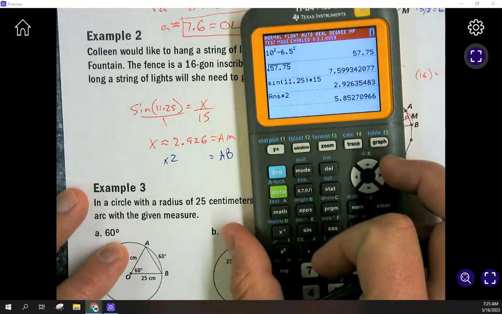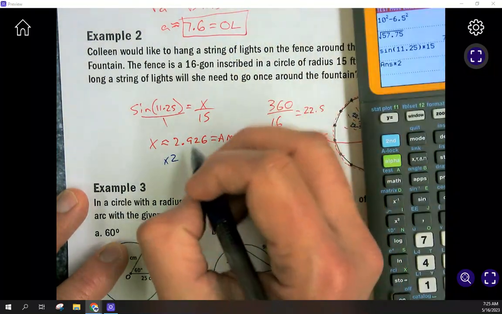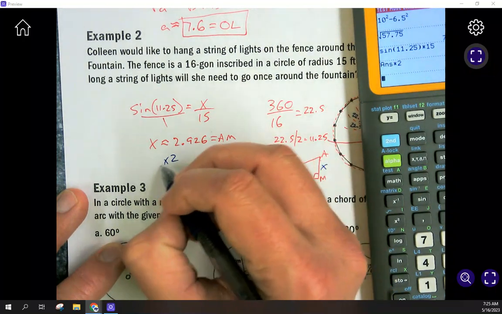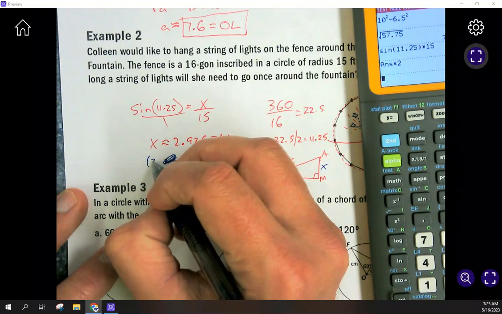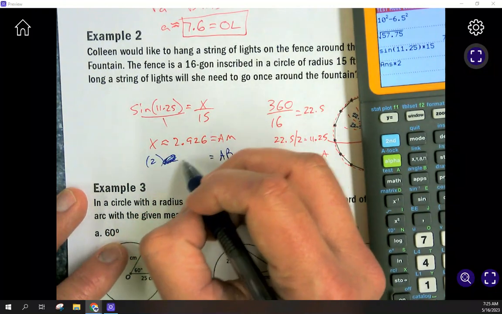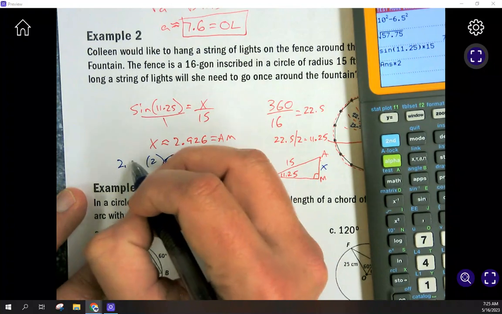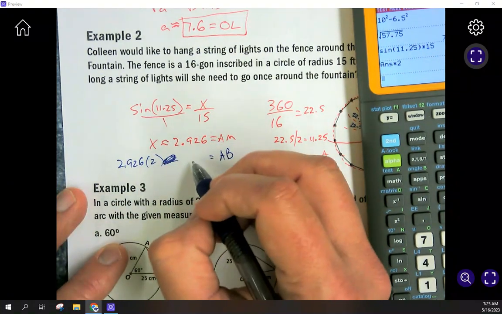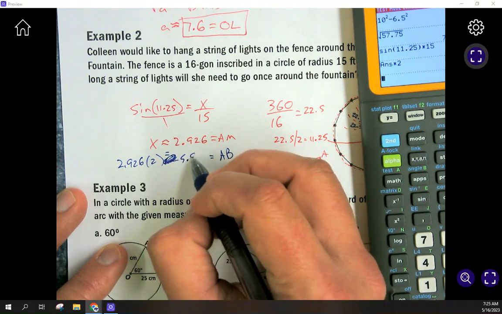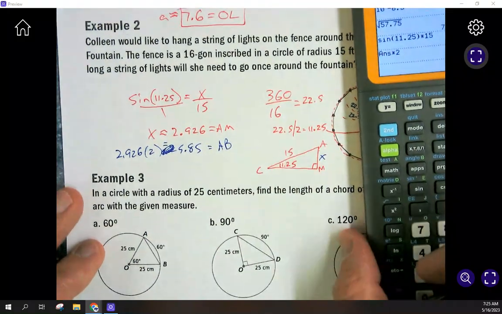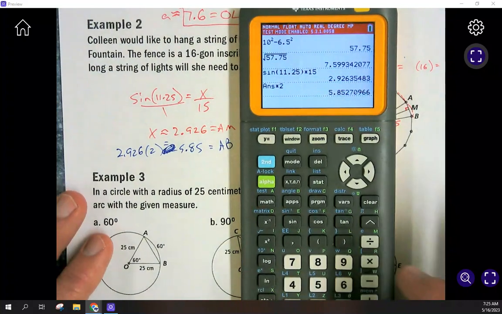That's approximately 5.85. Let's do times 2, just to make sure we write that out correctly: 2.926 times 2. So you know what you did when you look back at your notes, 5.85. Now you don't have to write all these down, right? I can just keep this in my calculator.